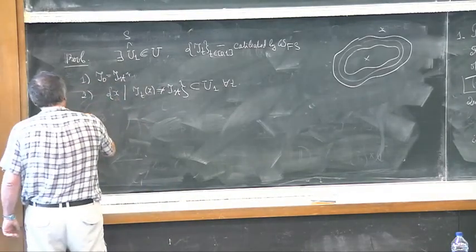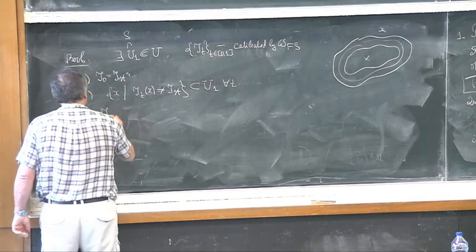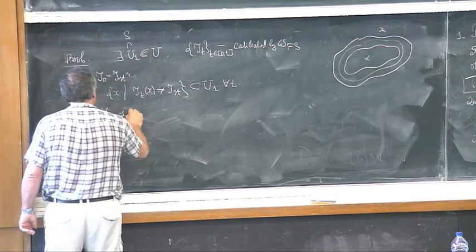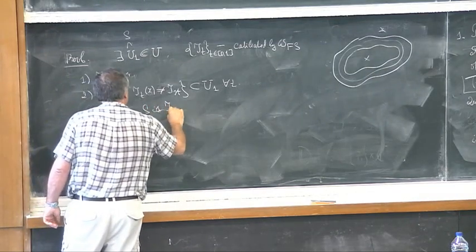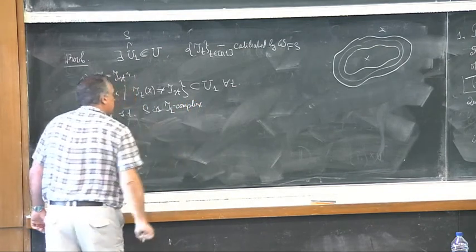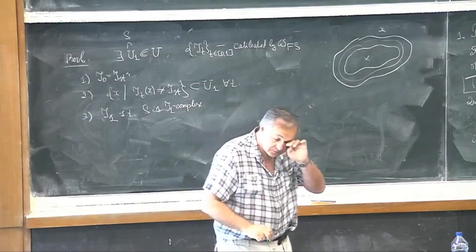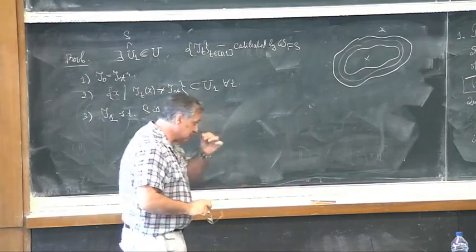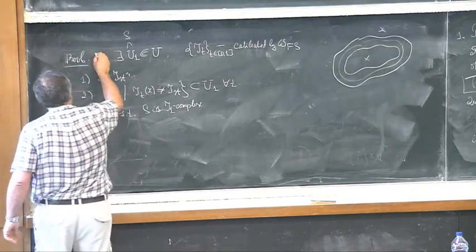And at the end, we arrive at J1 such that S is J1-complex. So we make the sphere complex, but the structure is not integrable. And now we play back. This is the first step.